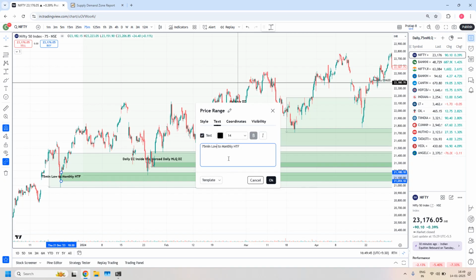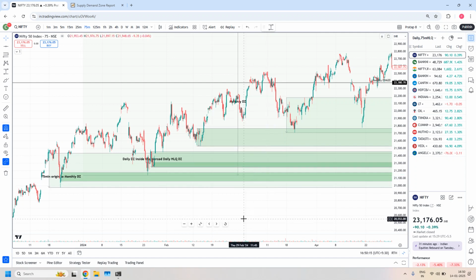We have to write lower time frame zone to monthly higher time frame zone, or simply you can write 75 minutes horizon instead of writing lower time frame. By using the word horizon, you will understand. Monthly demand zone. This is better, much better.